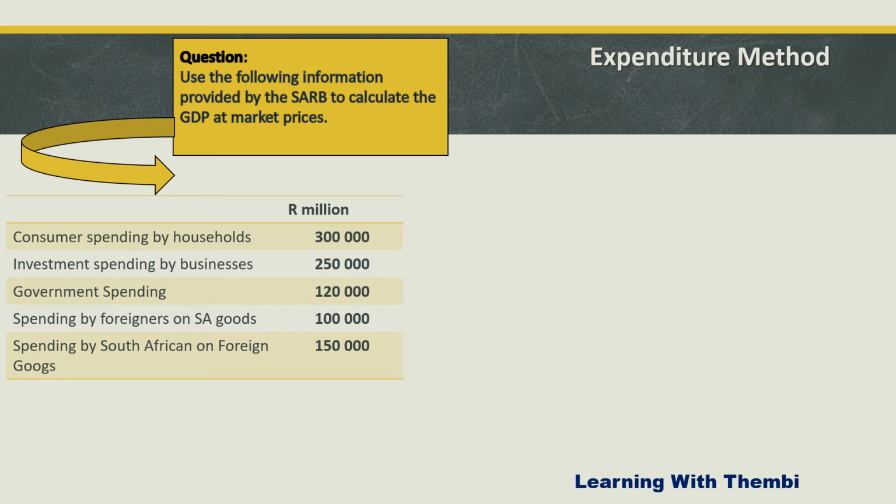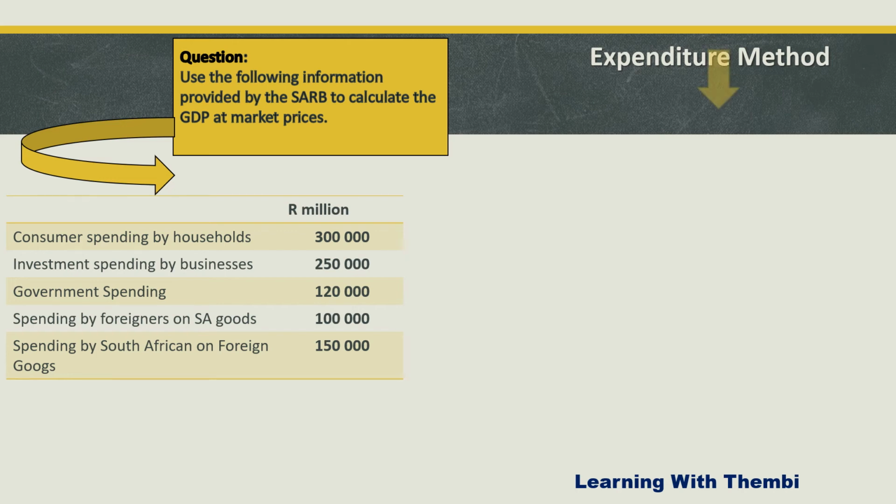You are given the consumer spending by households and its value, the investment spending by businesses and its value, the government spending with its value also. Spending by foreigners on South African goods, you must understand that by that they are referring to exports, and also we've got spending by South Africans on foreign goods, and that should be referring to imports.